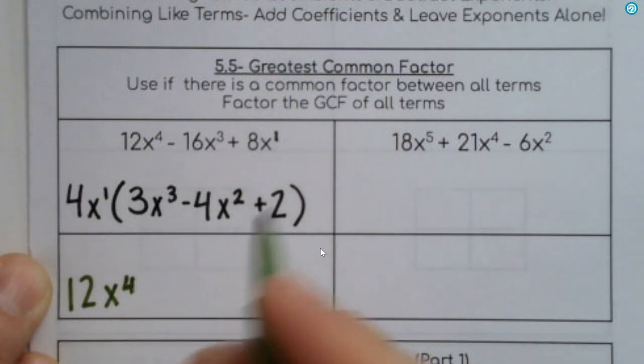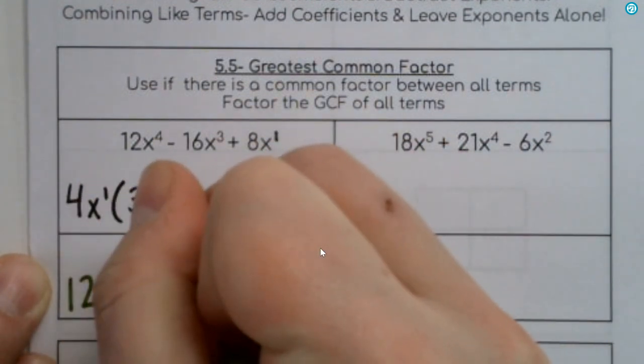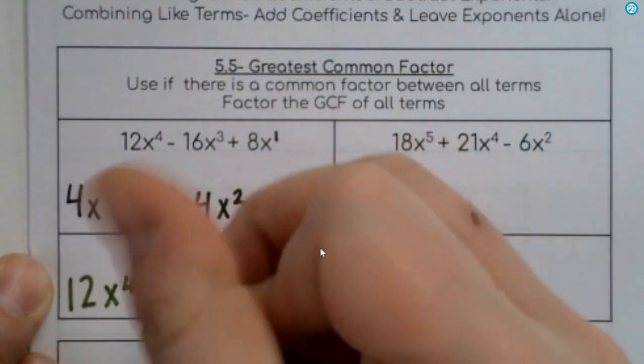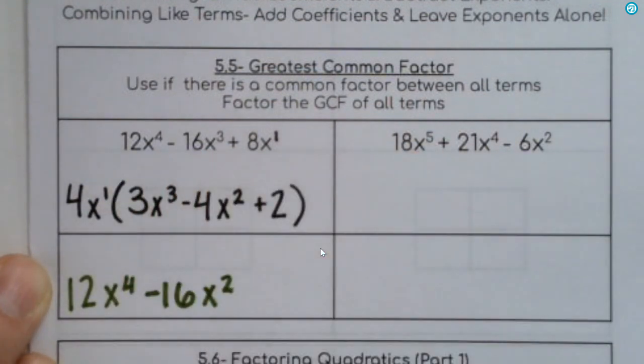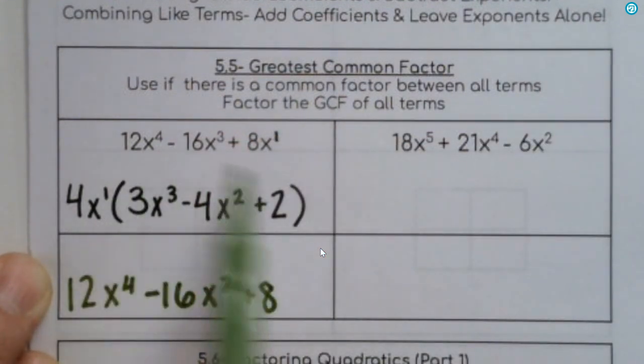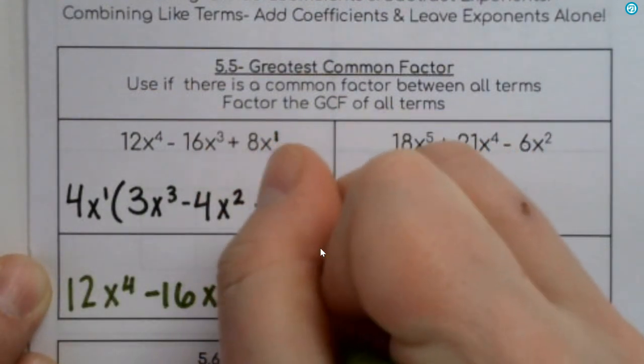It's negative, so it's minus 16. Add my exponents. 1 plus 2 is 3. And then my last piece, 4 times 2 is 8. And then I just have my x to the first distributes on over.